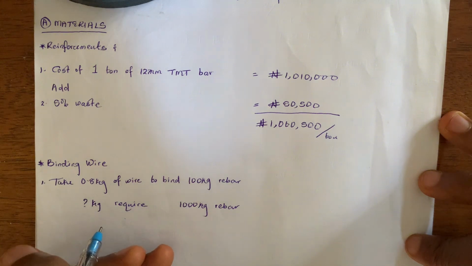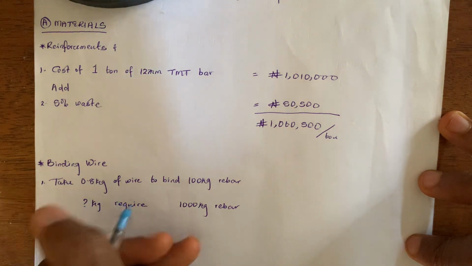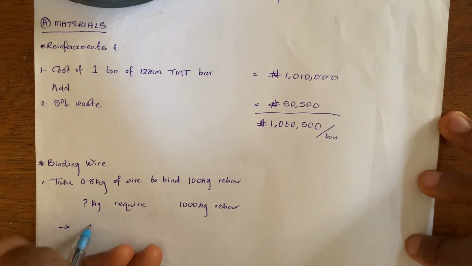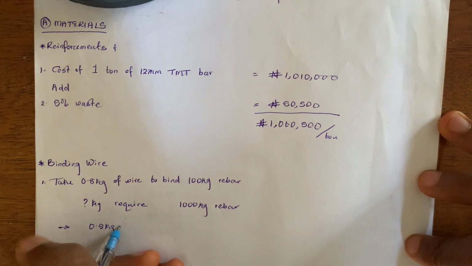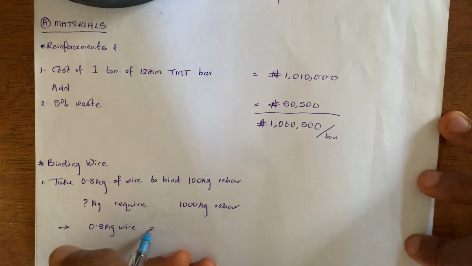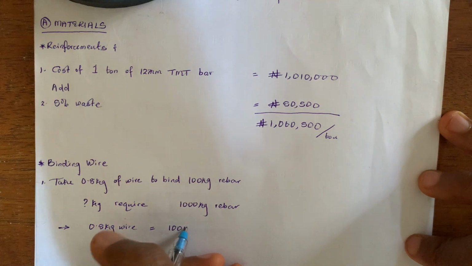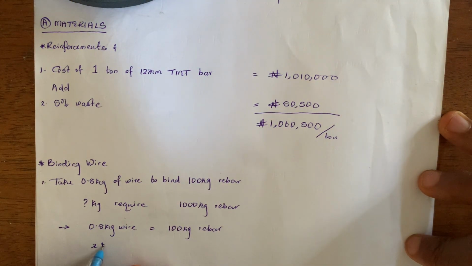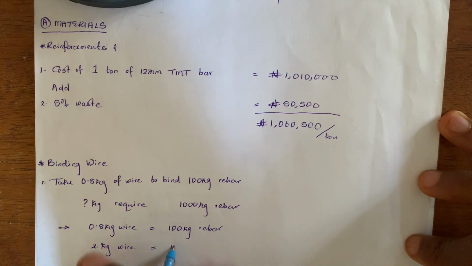When you cross multiply, if you don't understand it, this is what it basically means mathematically. 0.8 kg wire will bind 100 kg rebar, then x kg wire will bind 1000 kg rebar. Find x.